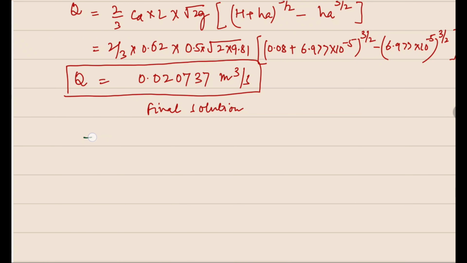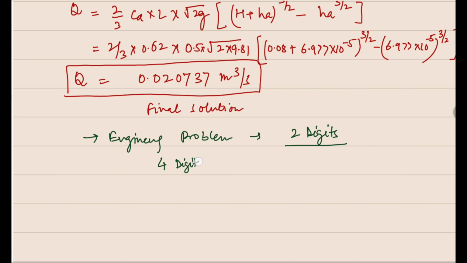For all the engineering problems, we usually take 2 digits after the decimal point. So my advice to you is that for all such calculations, you should use at least 4 digits after the decimal point.